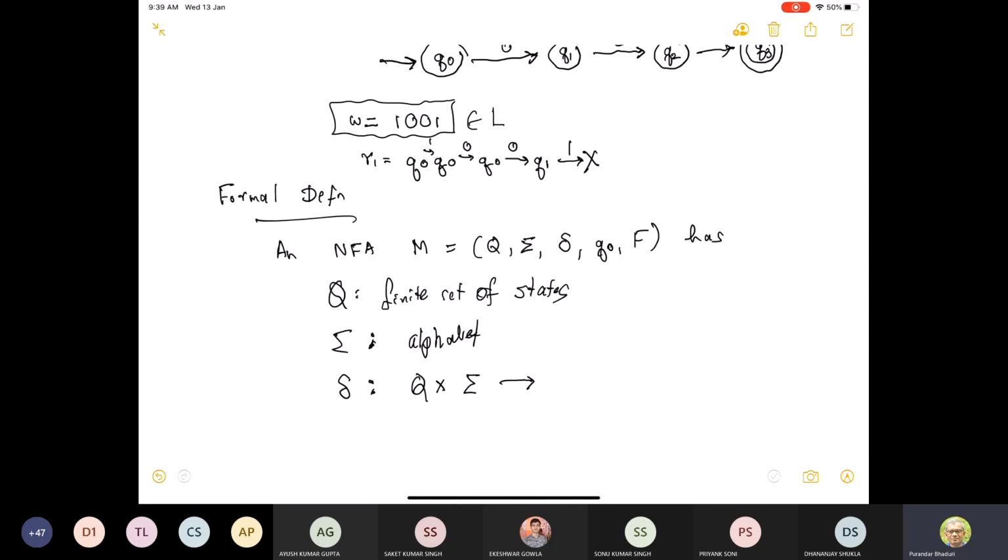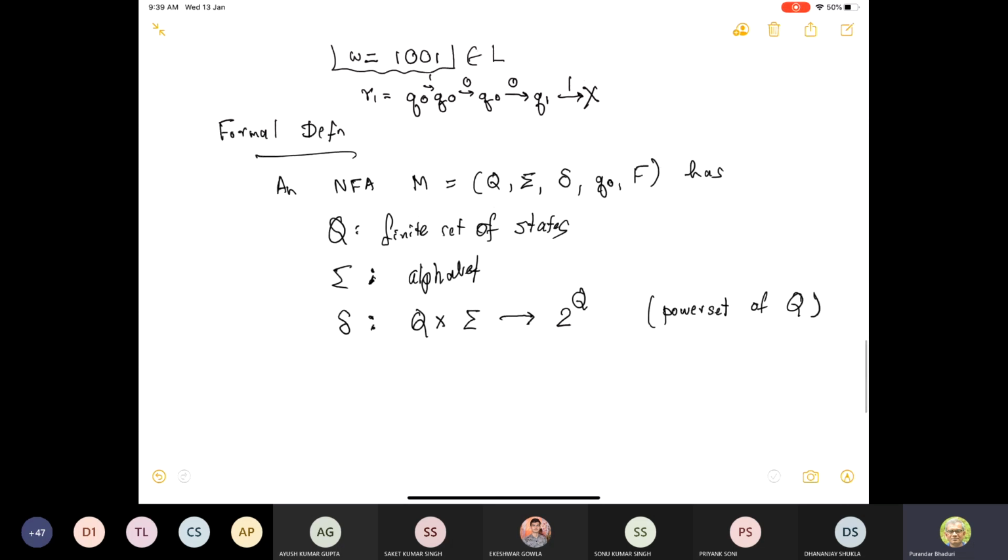So this is a function to the power set of Q, the set of all subsets of Q. And F, of course, is the set of final or accepting states.